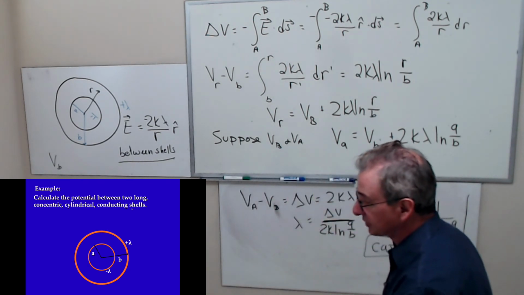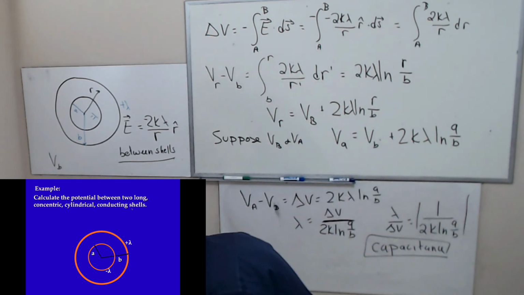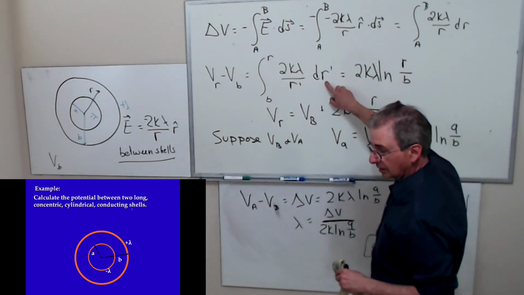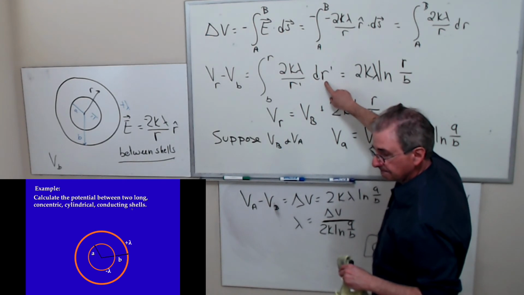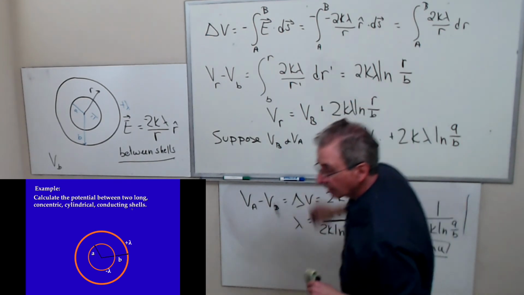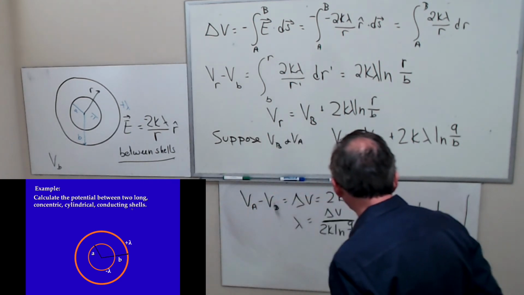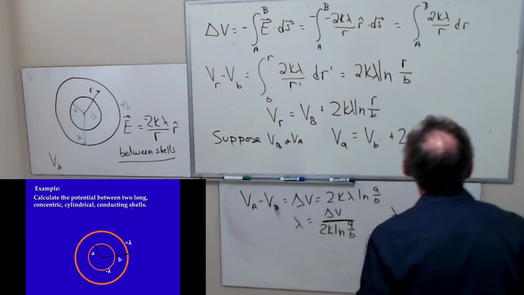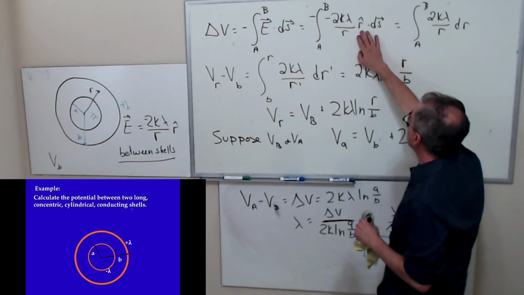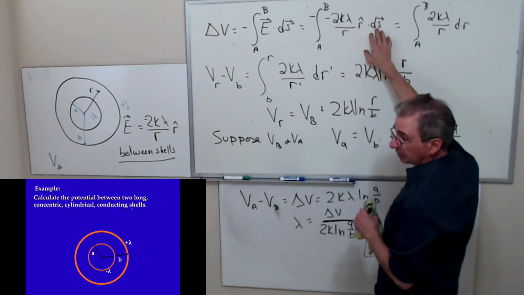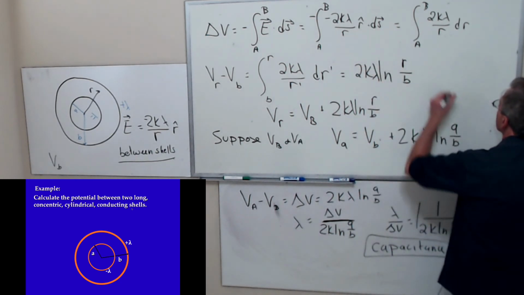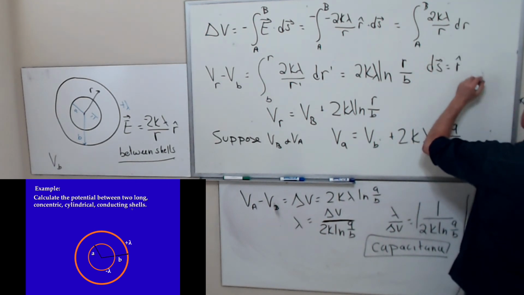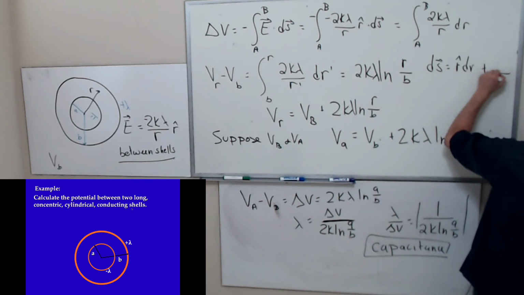Okay, so I finished everything, and so let me look at the question. Where did the dr come from? Are you talking about this, Chase? Which dr are you referring to? The first one? So one of the things to remember is that this ds has a component in the r hat direction and then another component.